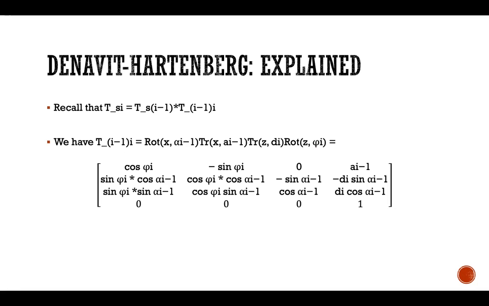It is important to know that these two x-axes refer to the i-1 frame, and these two z-axes refer to the i frame. The product is given in this form in the end.